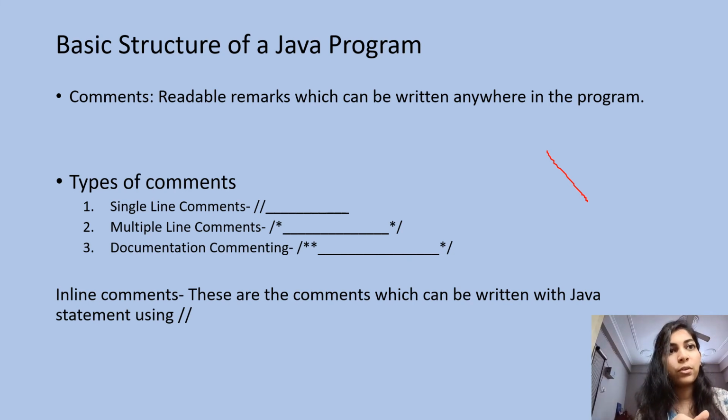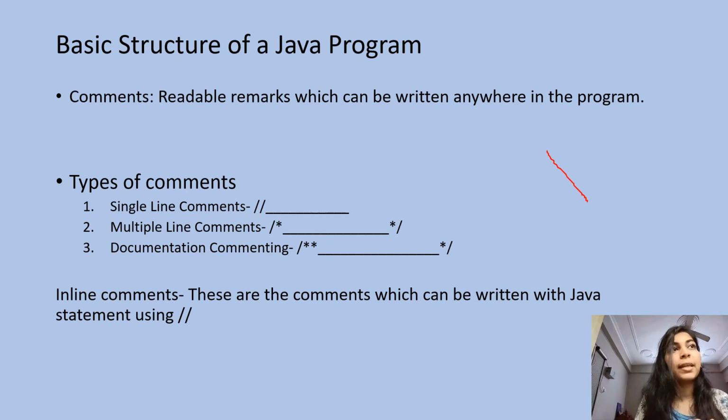So two forward slashes are used for single line commenting. Any text you write after two forward slashes until the end of the line is ignored by Java, which means it will not be executed, right?